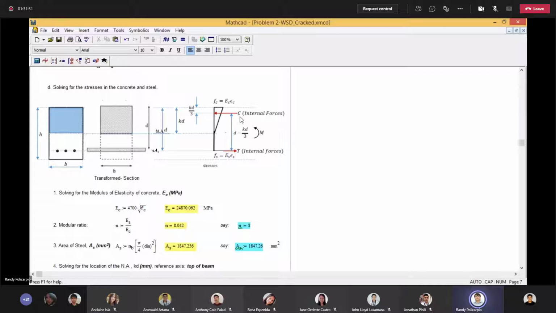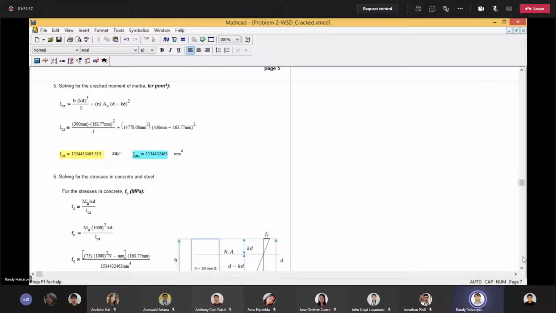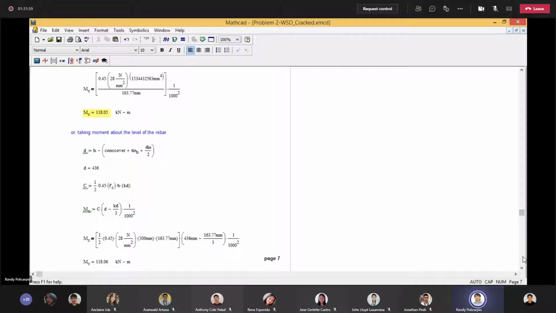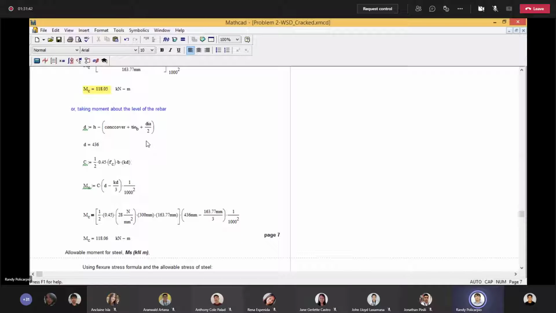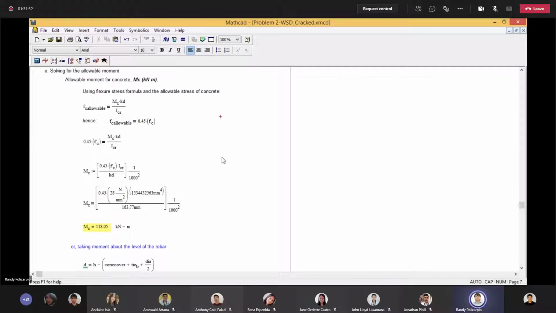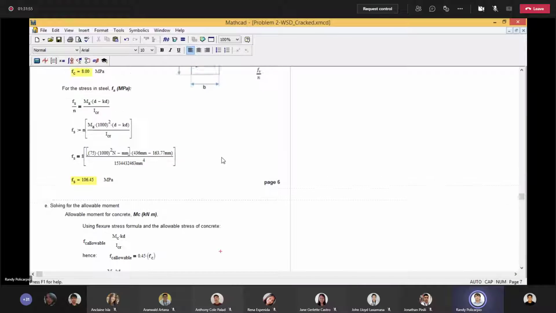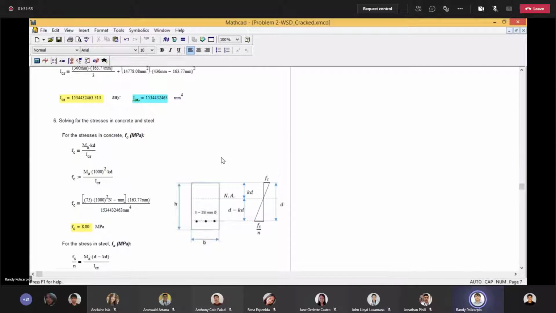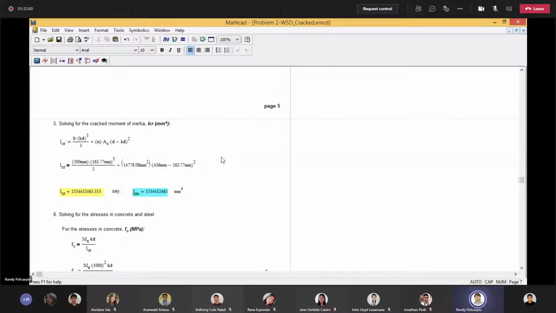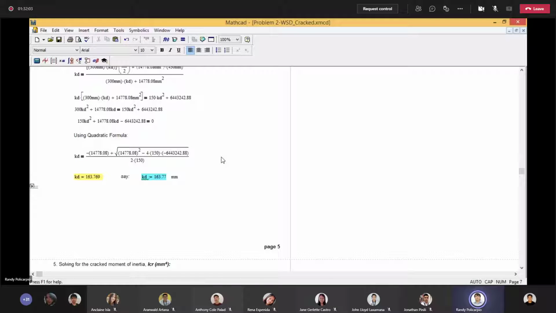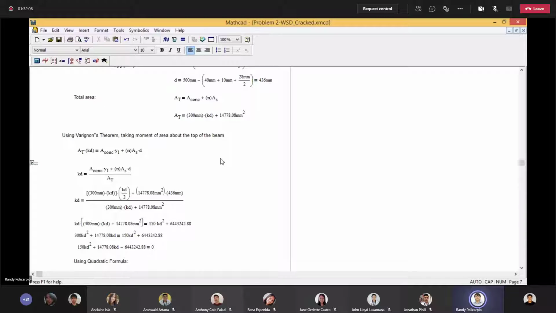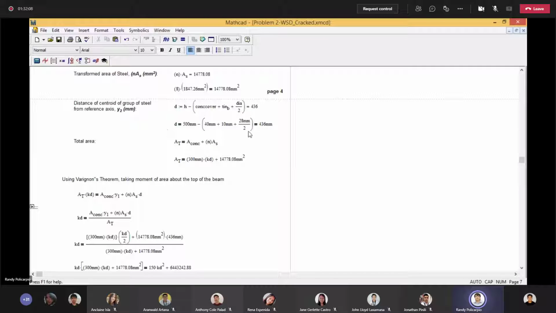And C is computed, ito yung ating formula. Okay, ito yung effective depth. Effective depth. Ito rin yung na-compute natin kanina dito. Ayan, ito rin yung na-compute natin dito.